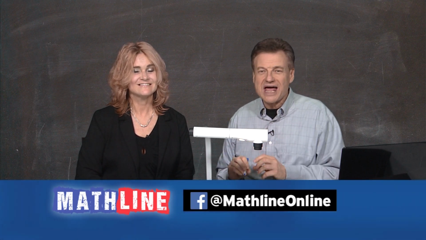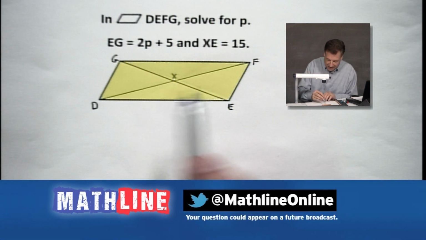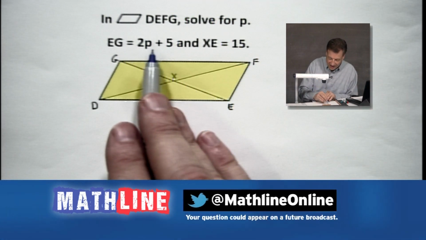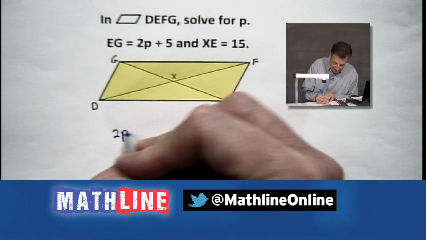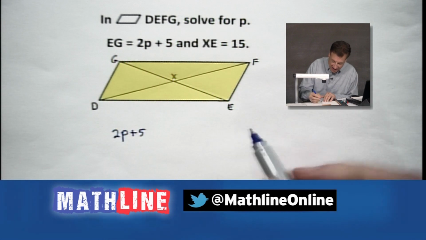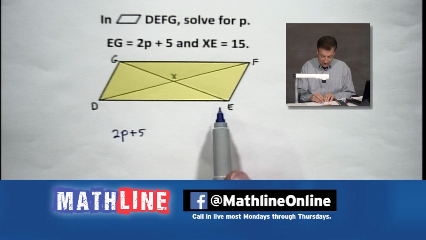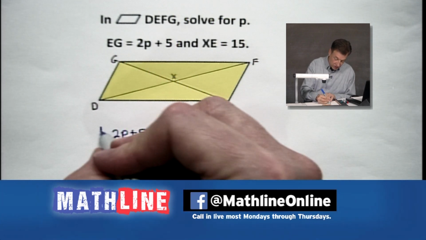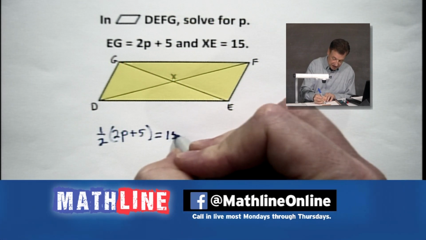Let's look at this last problem real quick and see if we can at least set it up. It's an EG moment. The full thing is 2p plus 5, and XE is half of that, isn't it? Right. So we're going to say 1/2 of this equals 15.